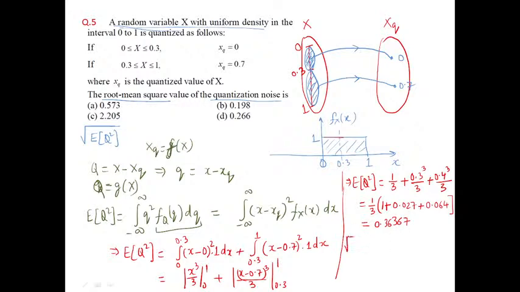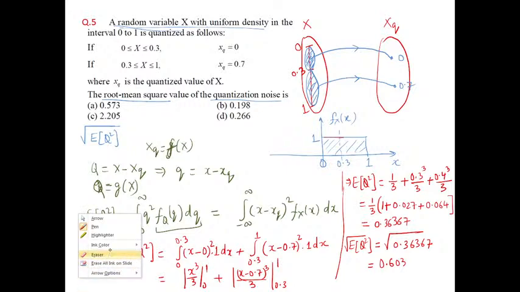Okay, so what will be the square root of eq square? So this will be the square root of 0.36367. So this will be equal to 0.60. I think I have committed some calculation mistake. You can check it out. The expressions are correct, but we have committed one calculation mistake over here.